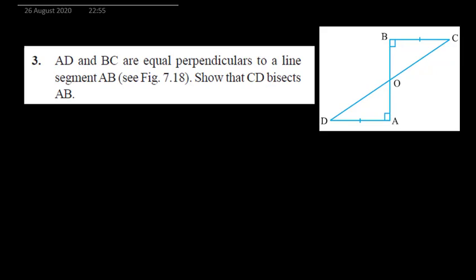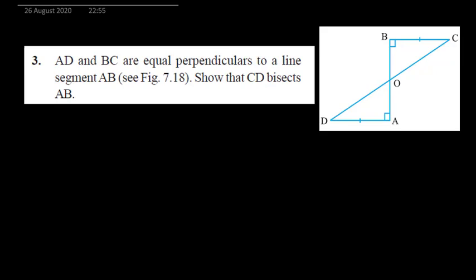That means we have to show that this point O is the midpoint, or that AO and BO are equal. So how can we show that? As we are doing congruence of triangles, if I prove that triangle OAD and triangle OBC are congruent, then by corresponding parts I have OA and OB equal. So I will say that CD bisects AB, right?